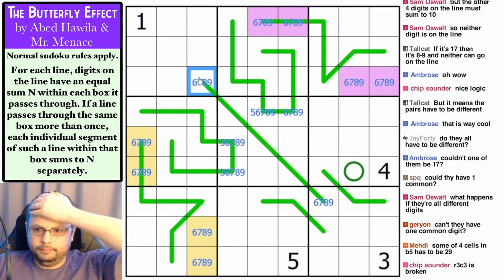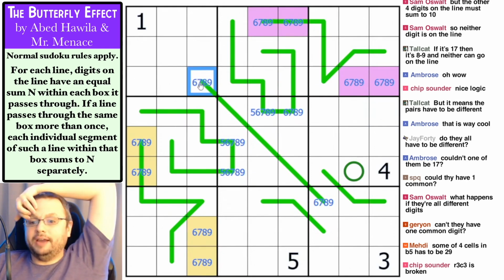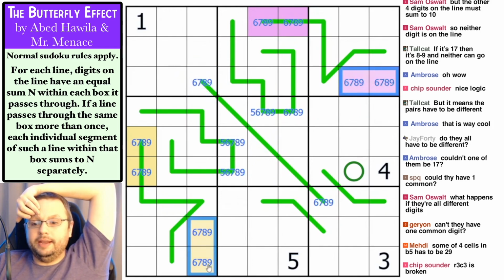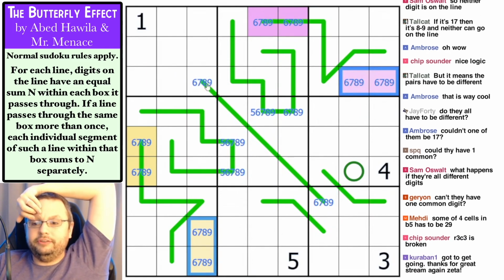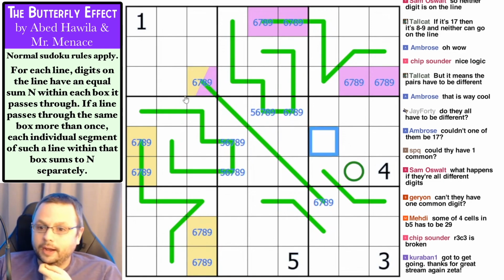Now, oh, they have to have a common digit. Yes, they have to have a common digit because both purples and yellows look at this. So this digit is both purple and yellow. So coloring is not going to work in this puzzle because this digit is both purple and yellow.